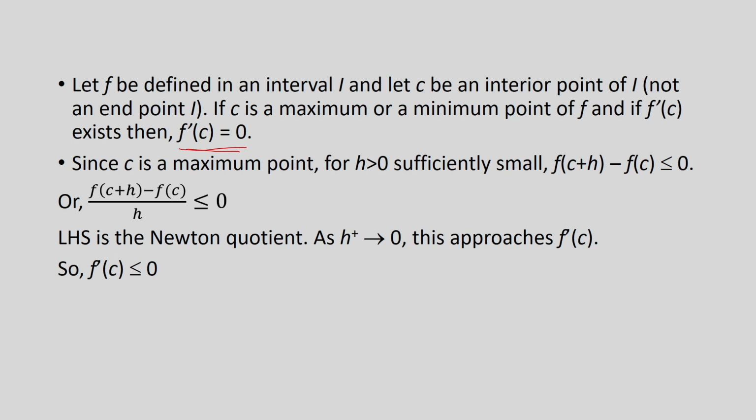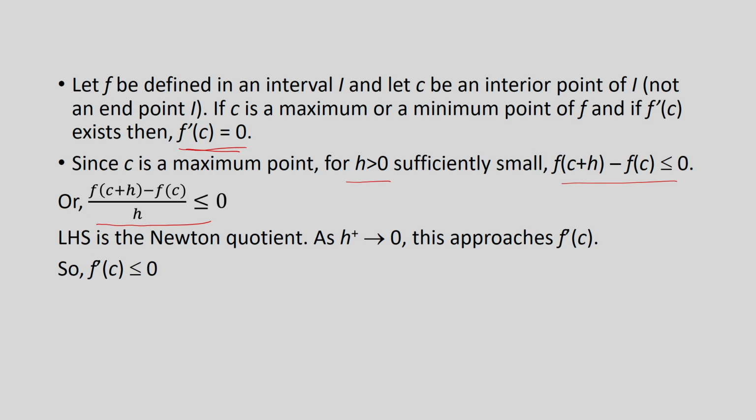What is the demonstration of that? Suppose C is a maximum point. Since C is a maximum point, if we take h greater than 0 sufficiently small, then this has to be satisfied, because of the very fact that at x equal to C the function has a maximum. If I manipulate this, it becomes: this has to be less than or equal to 0.